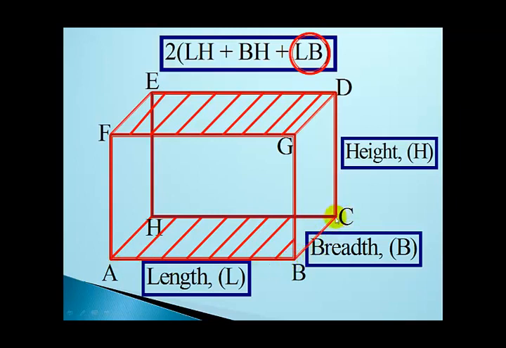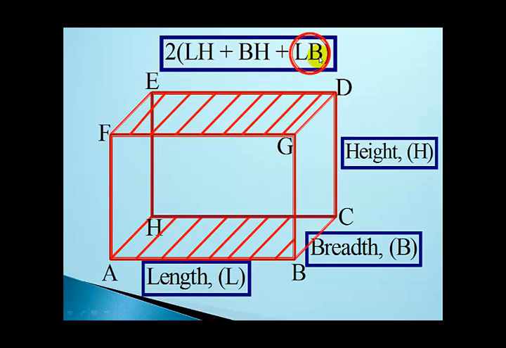And because the area of the rectangle at the bottom is equal to the area of the rectangle at the top, we multiply LB by 2, and that is why 2 has been factored out. So we have 2 into bracket LB.